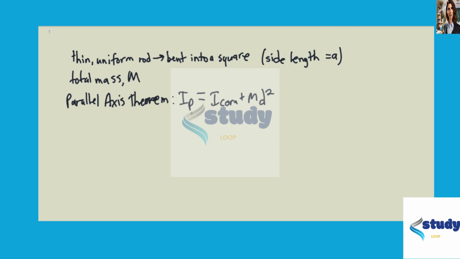So here we can say that m is going to be equal to M over 4, which is the mass of each side. So we can say that the moment of inertia of each side about an axis passing through the center of the side and perpendicular to the length is going to be equal to ma squared over 12.